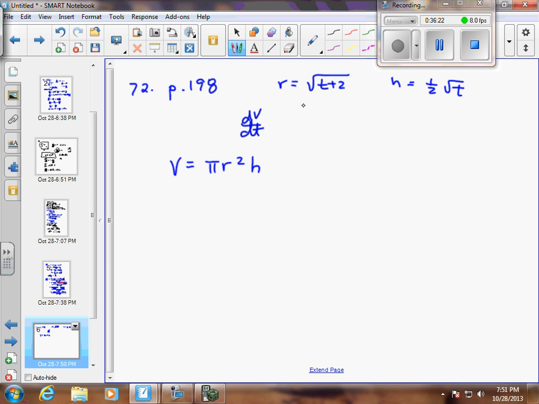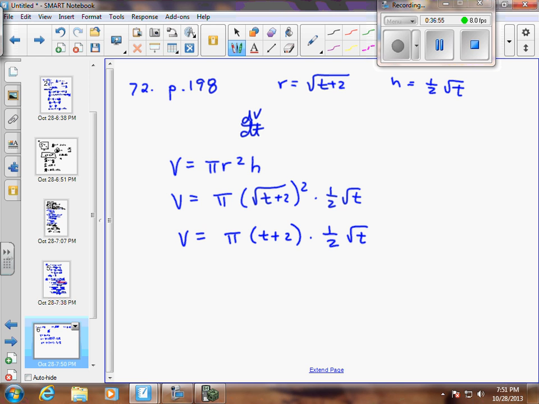We are given r in terms of t. We are given h in terms of t. So we rewrite the volume equation in terms of t by making these substitutions. So when I square the square root, that will give me t plus 2, and then I have the 1/2 square root of t.